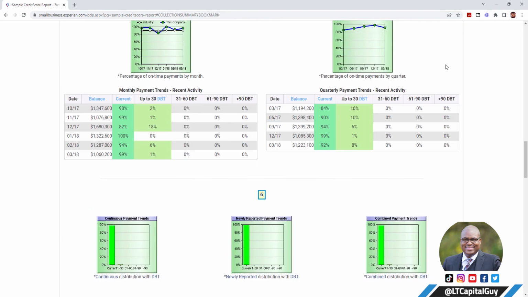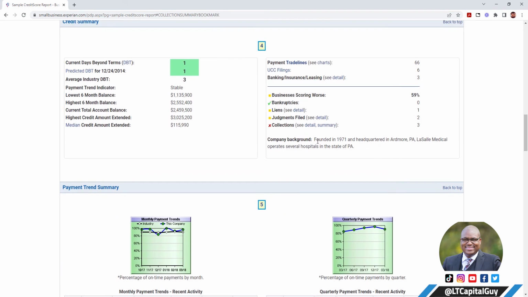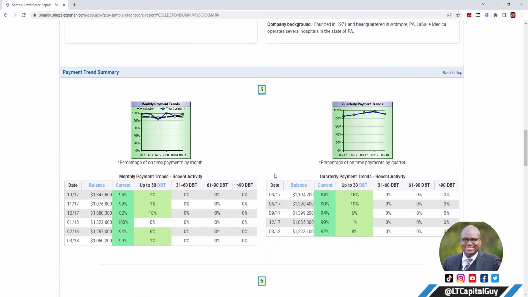Going back to our summary, this is additional company background, and it's partly what lenders pay attention to when thinking about extending you credit. They want to know how you've been managing your payment history, and what actions exist against you that could possibly, not necessarily, interfere with you paying your bills on time.